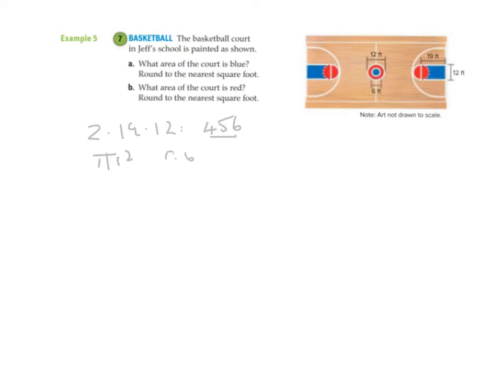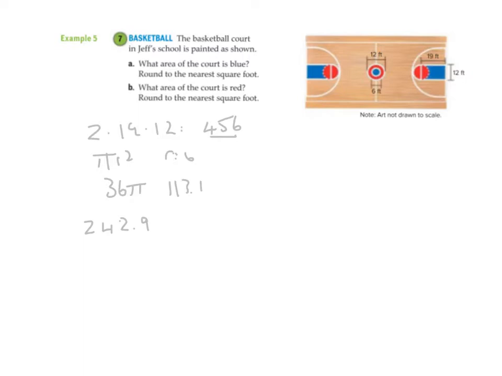So basically what you've got there is 36 pi. If you subtract 36 pi from 456, you actually get 242.9, because the area of the circle is 113.1. Okay, so that's the two end parts of the court.